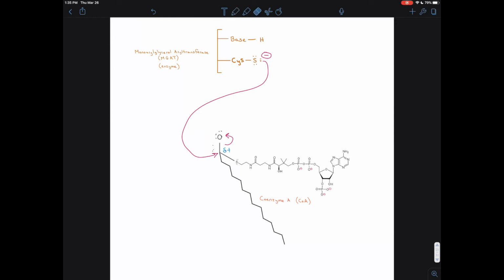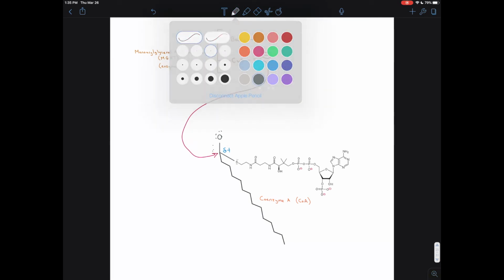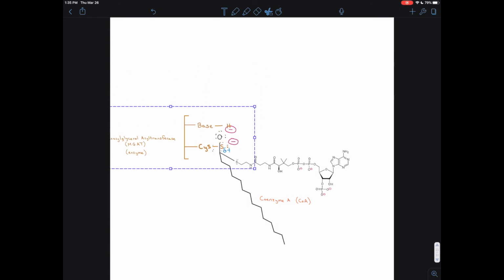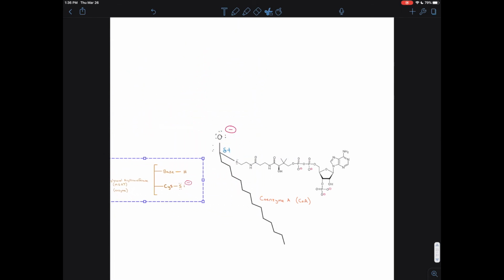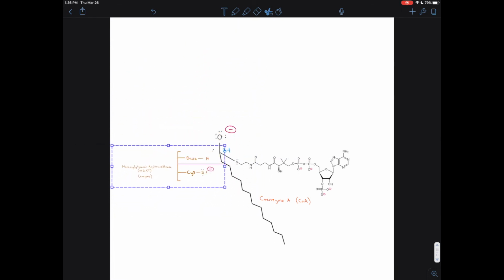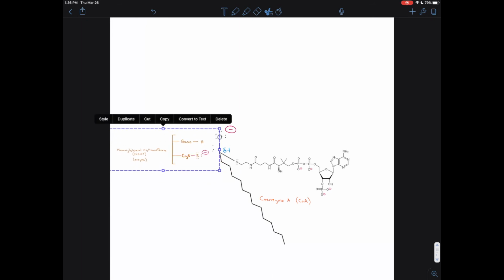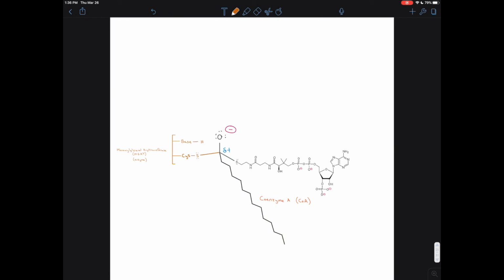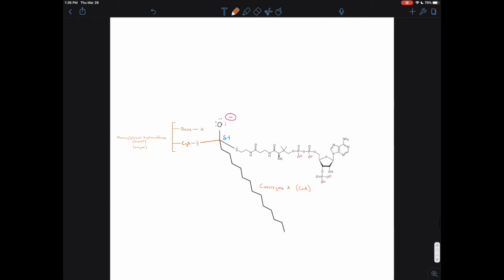So those two now become a lone pair on the oxygen, which has a full negative charge, and the sulfur of the MGAT is going to be bonded to what was the carbonyl carbon.